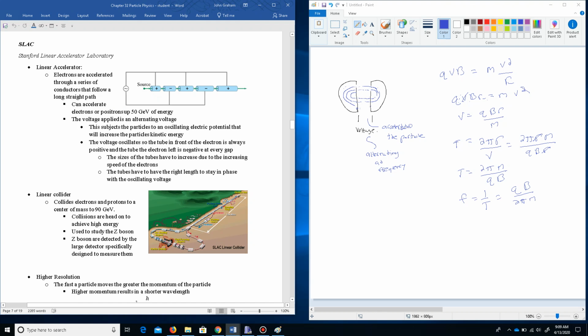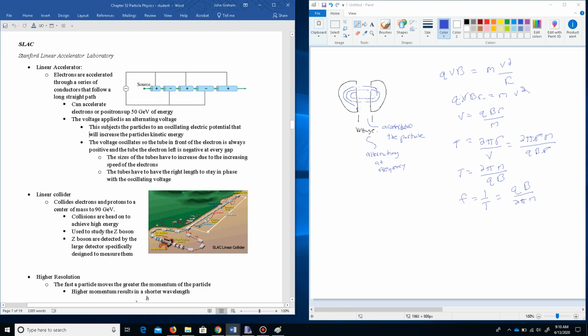And it can accelerate electrons or positrons up to 50 GeV of energy. The voltage is applied using, again, an alternating voltage, so these switch at just the right time. Very similar to the way I described it here. The particles are subjected to an oscillating electric potential that will increase the particle's kinetic energy. So as it moves through, it's increasing its speed and increasing its kinetic energy.